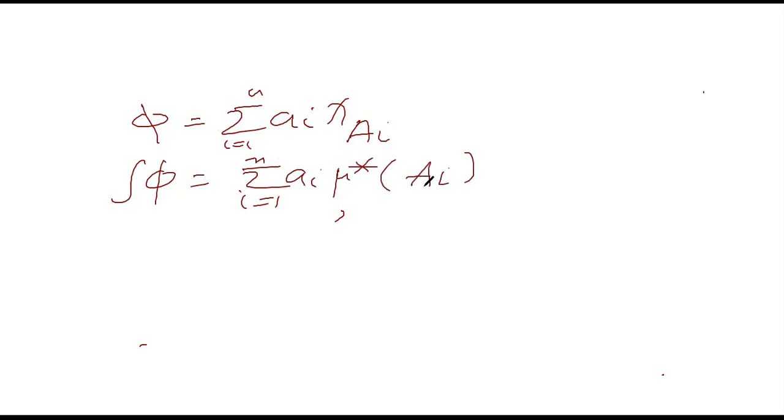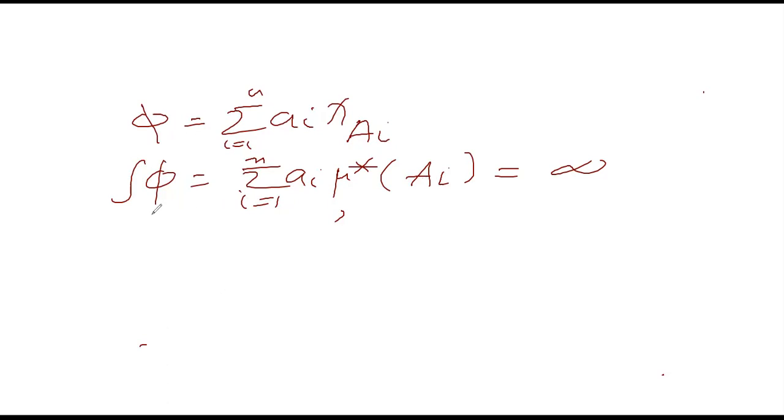So mu star of some sets may be infinite, or if it is finite, then it's a step function. But here it's not a step function; it's a simple function. It may be infinite. In case it is equal to infinity, then we say the integral of this simple function is equal to infinity. Okay, and integral of phi is equal to infinity if measure of some sets are infinite.